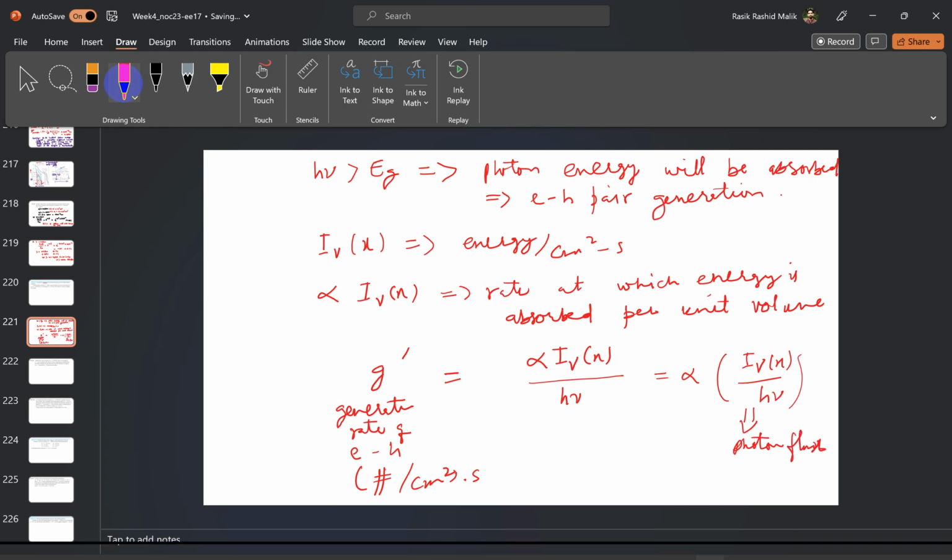If on average one photon produces less than one electron, so this is the case where we have assumed that corresponding to one photon we have one electron hole pair.